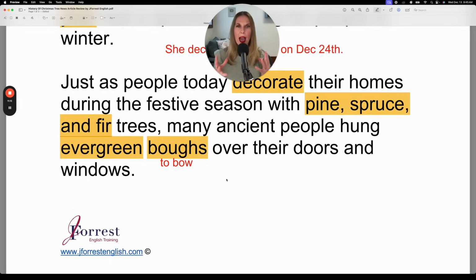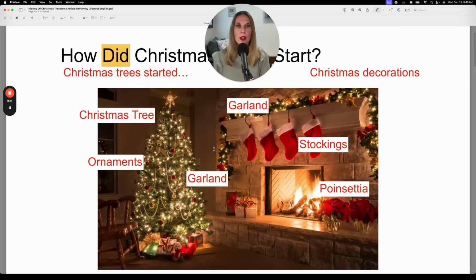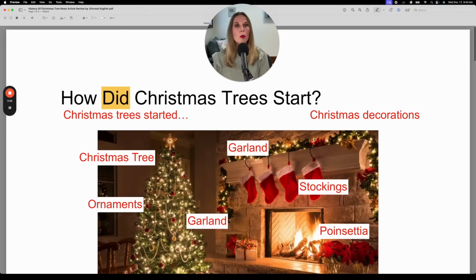Now, a bow, what is this? You generally only hear it around Christmas or the winter season because it's a large branch of a tree. So that is a bow. And you generally hear about it during Christmas, during winter, because people will decorate their homes with boughs. So right here, this is garland. It looks like it's not real, it's fake, it's artificial.